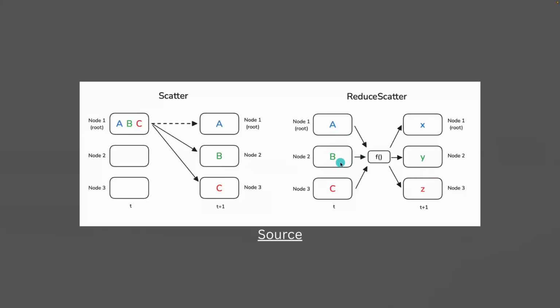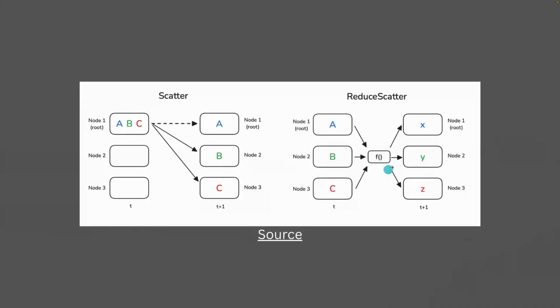Suppose these were 3 vectors, and you take maybe a column-wise mean, or you can take column-wise addition, column-wise multiplication, or column-wise max.